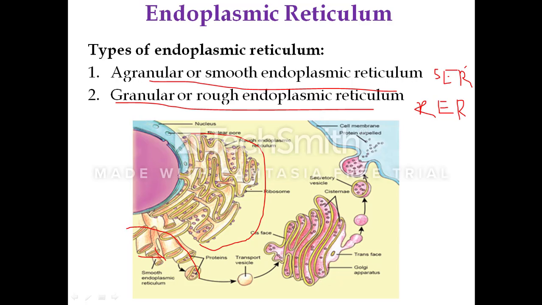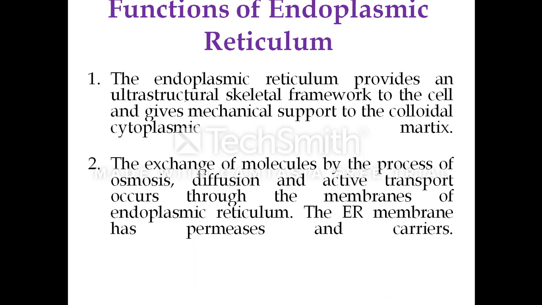The cells of those organs which are actively engaged in synthesis of proteins such as acinar cells of pancreas, plasma cells, goblet cells and cells of some endocrine glands are found to contain highly developed rough endoplasmic reticulum. So that is regarding the smooth endoplasmic reticulum and rough endoplasmic reticulum.